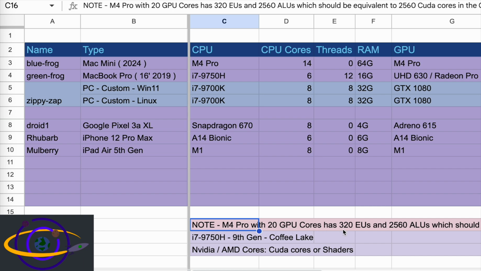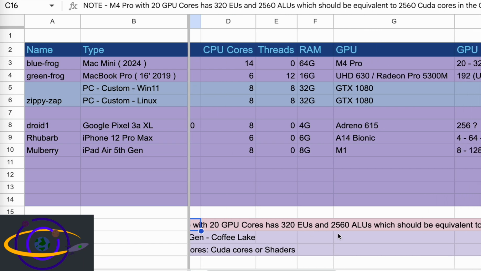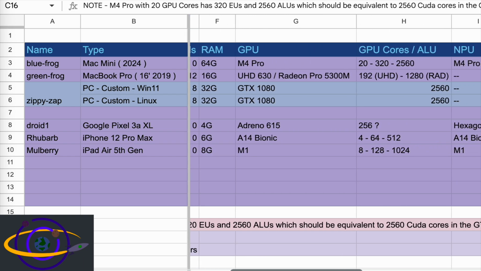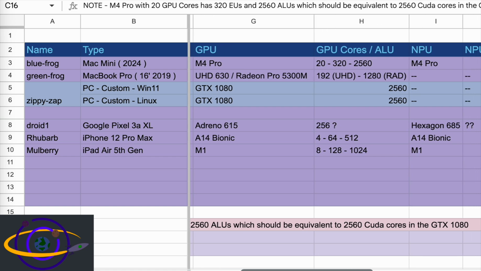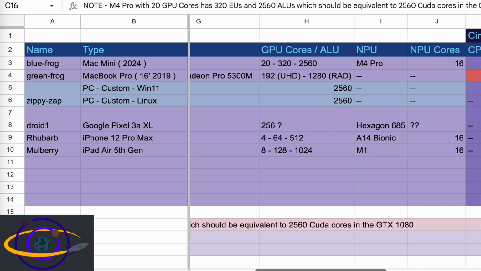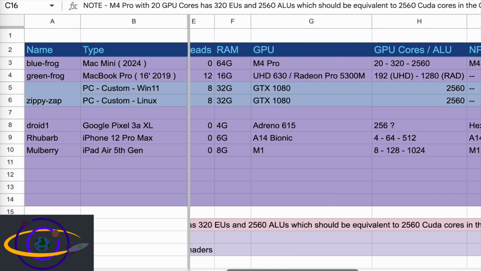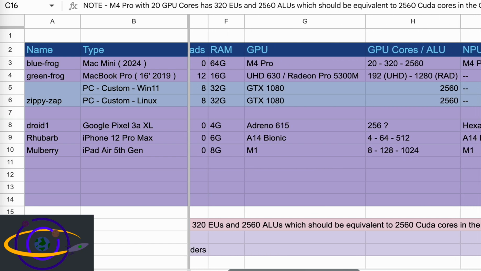So this note is basically that 20 GPU cores means it also has 320 execution units, or EUs, and it actually has 2,560 ALUs, which are arithmetic logic units. Those should be the equivalent to the 2,560 CUDA cores on the GTX 1080.